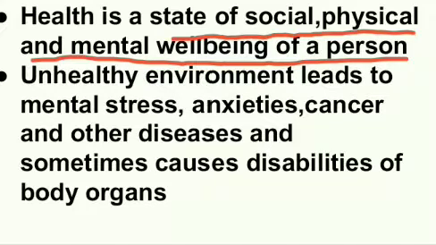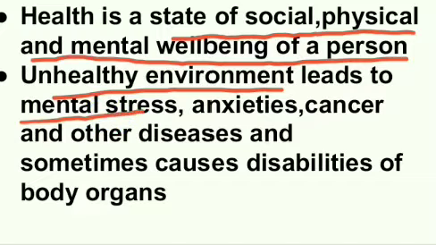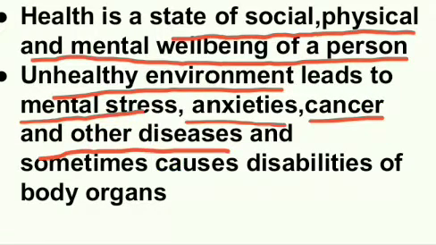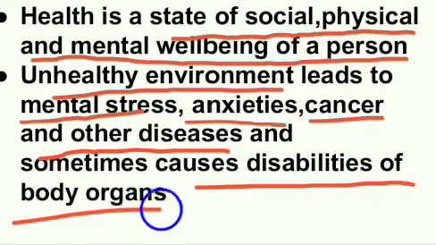When the environment in our surrounding is unhealthy, it leads to various problems like mental stress, anxieties, cancer and other diseases, and sometimes may cause disabilities of body organs. So an unhealthy environment causes all these issues, so we have to maintain the quality of environment in our surrounding. An unhealthy environment also increases strain on physical capacities and affects reproductive capacity in humans.